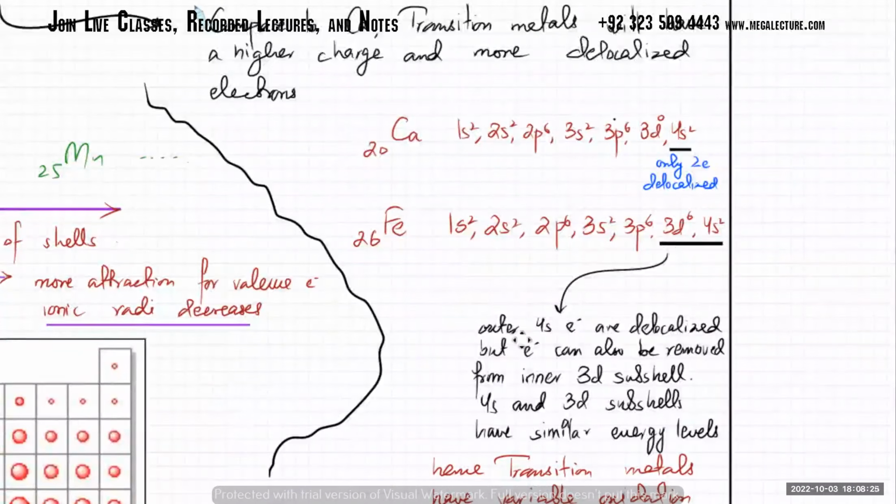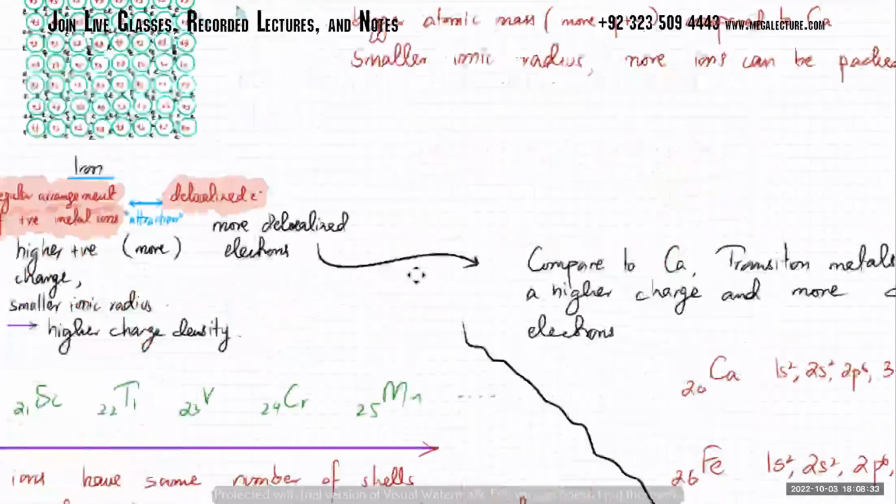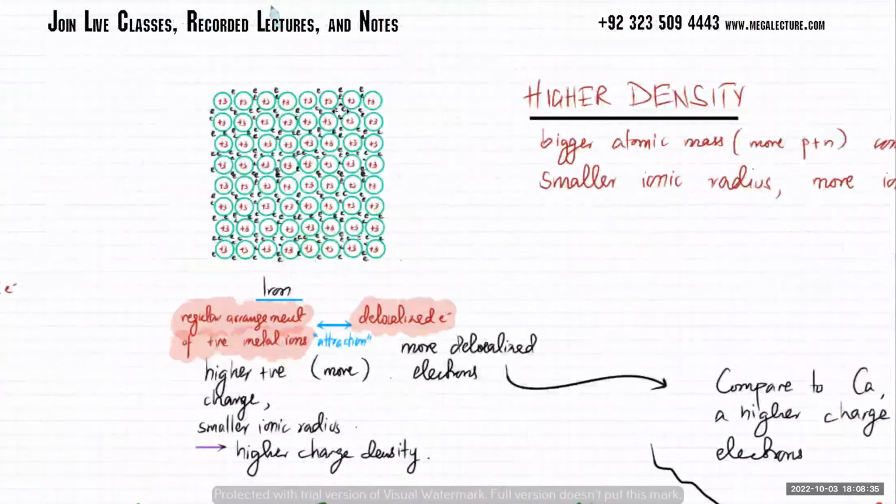So iron can have a higher charge, and it can also have more delocalized electrons. So this is what we discussed: more delocalized electrons, smaller ions, and a higher charge density, which leads to a stronger metallic bond in iron compared to calcium, which is why they have high melting and boiling points.